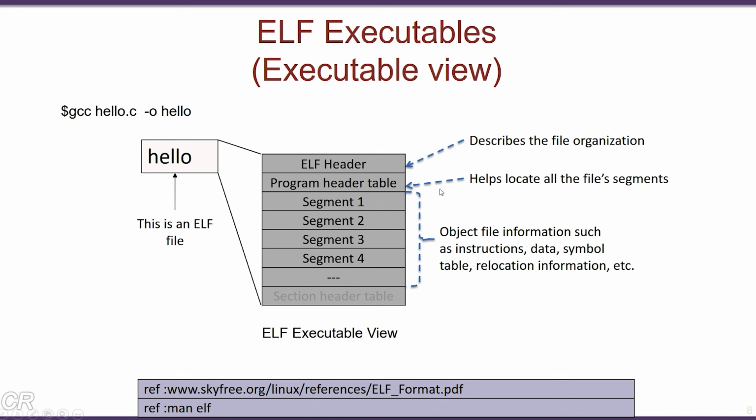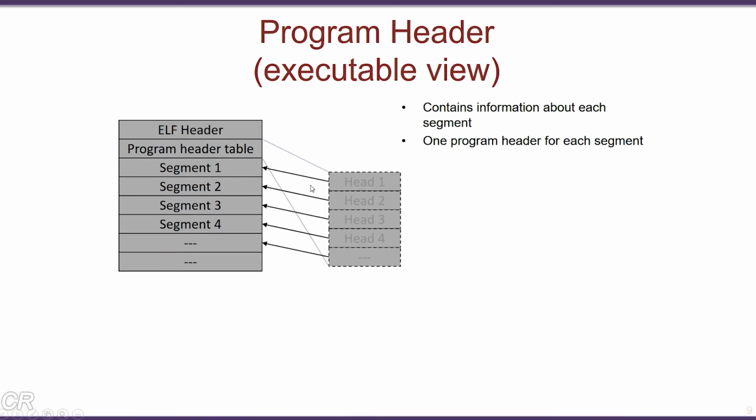The program header table helps to locate the various file segments, while the various segments present could be used for code and instructions, data, symbol table, relocation information, and so on. So we will look at what the program header table looks like. The program header table essentially contains various program headers for the various segments.